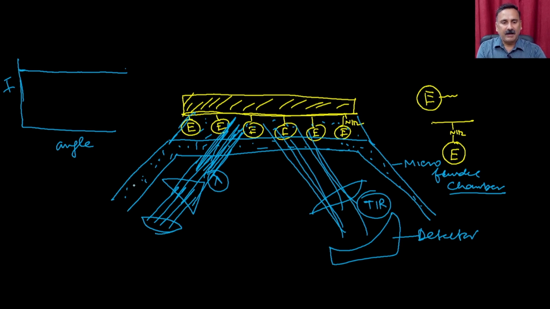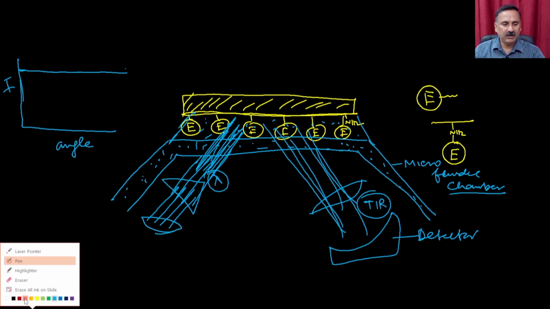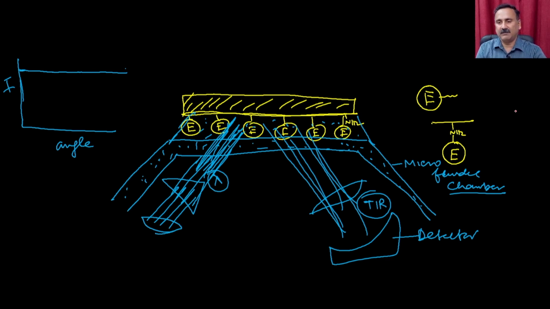Now I am going to flow the analyte. Suppose I have a substrate molecule. I'm going to flow the substrate molecule. As soon as the substrate molecules flow, you have multiple substrate molecules, and they will go and bind the enzyme.